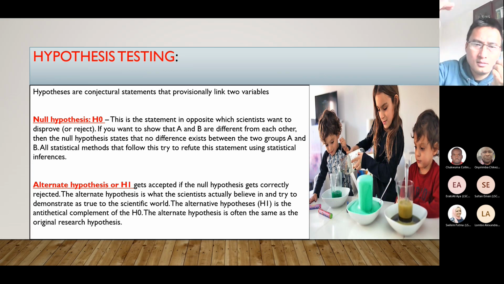Does that make sense? Yes. Okay. So whatever statement we make, we try to disprove the opposite one. The opposite one that we create is the null hypothesis, and the prior one is the alternative hypothesis, or the true hypothesis, in simple terms.